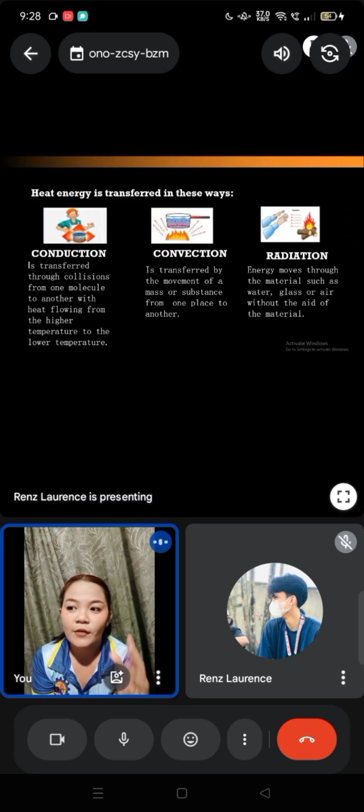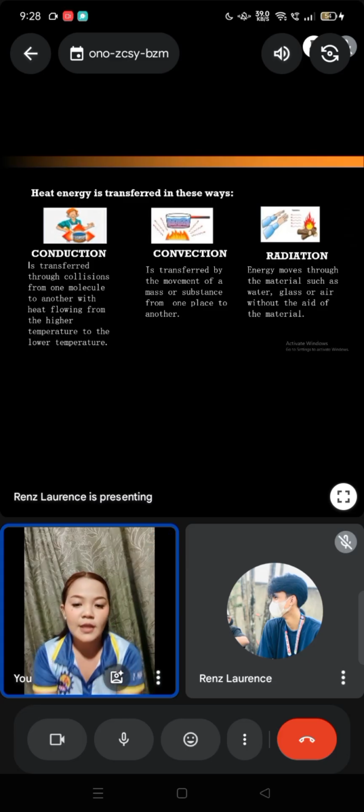So for example, when you place a spoon in a cup of coffee, the handle of the spoon will be heated, or the spoon becomes hot.